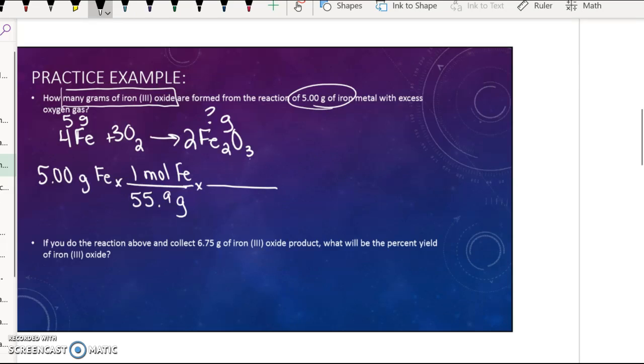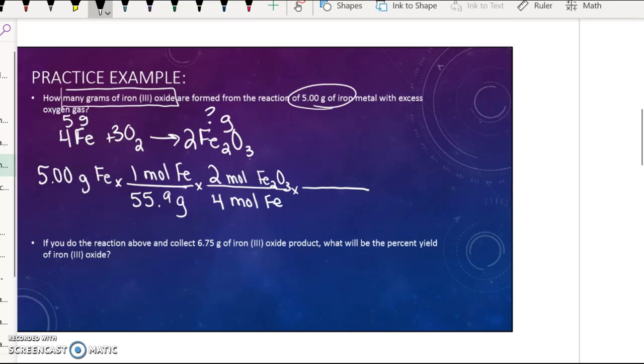Then we keep going. Now we're at the step where we use our mole ratio. We have mole of Fe here, so we need mole of Fe diagonal from it, so those units cancel. We look at our coefficient. There's the 4 in front of Fe. Remember, what we're trying to get to is this Fe2O3. So mole of Fe2O3, and we look right there, and we have that 2 coefficient.